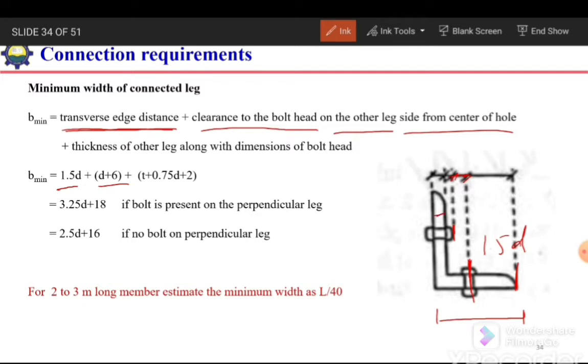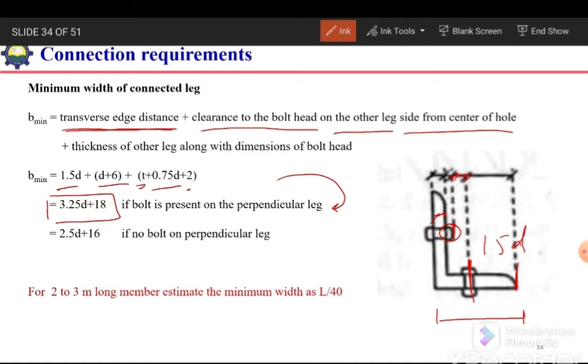Then the thickness of this transverse or perpendicular leg, plus the dimension of this bolt head, which is 0.75 times diameter plus 2 millimeter extra. If we simplify this, it will become 3.25 times the diameter of the bolt plus 18 millimeter.